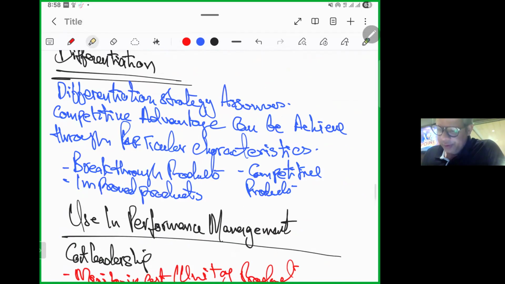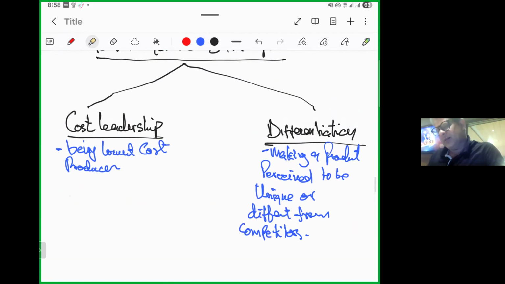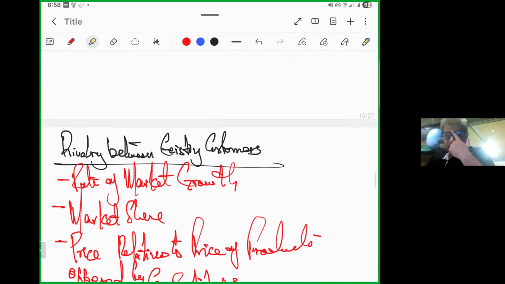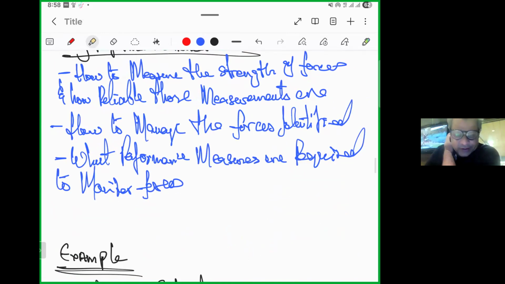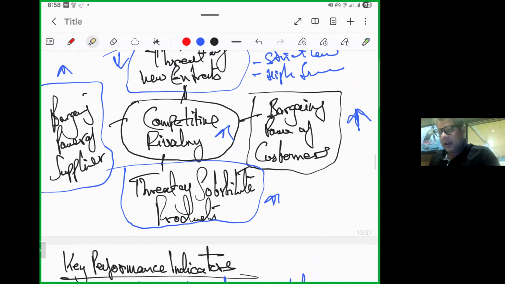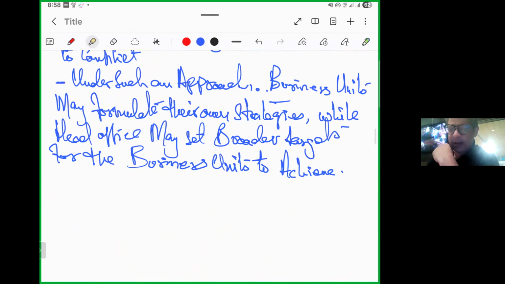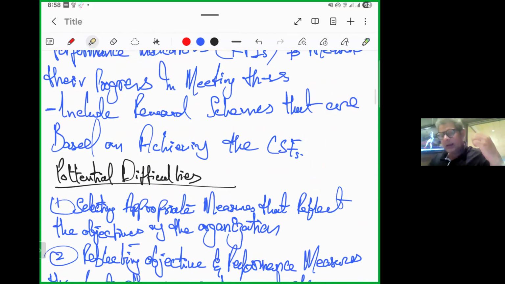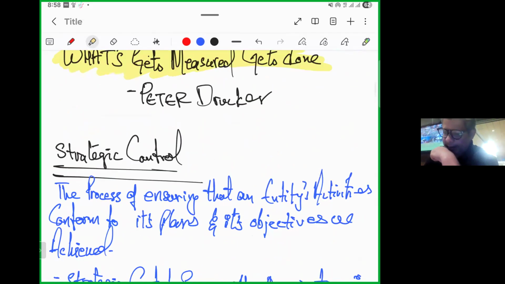Also, differentiation and cost leadership is often tested, and other strategy concepts such as CSFs, KPIs are regularly tested topics. Often, the examiner does test the four to five forces and Pascal as well. So make sure you know these concepts at your fingertips, right?